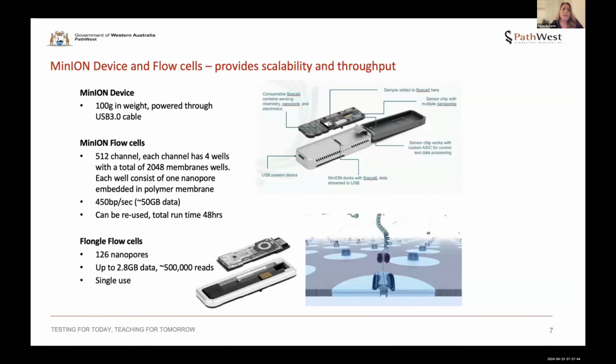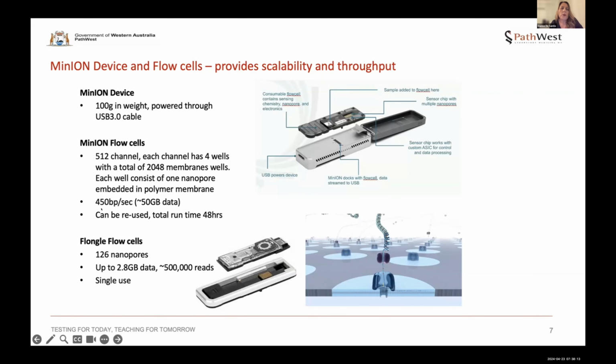In terms of the MinION devices, the MinION device, the MK1B, is 100 grams in weight. It is run through a USB 3 cable. You can plug it into a laptop. It's portable. The MinION flow cells have 512 channels. Each channel has 4 wells with a total of 2,048 membrane wells, and each well consists of 1 nanopore embedded in the polymer membrane.